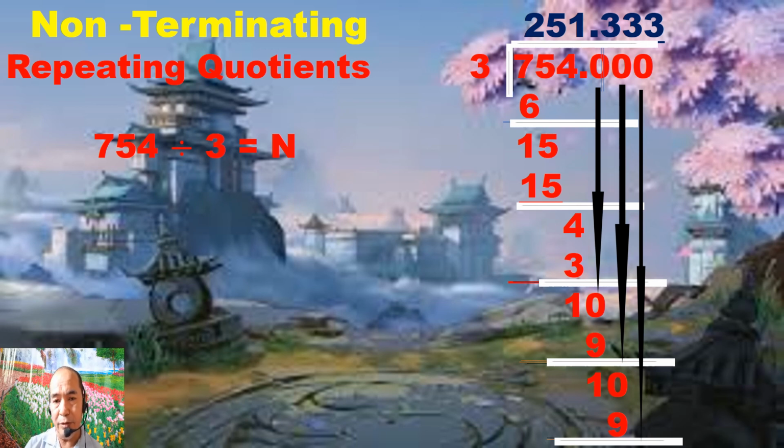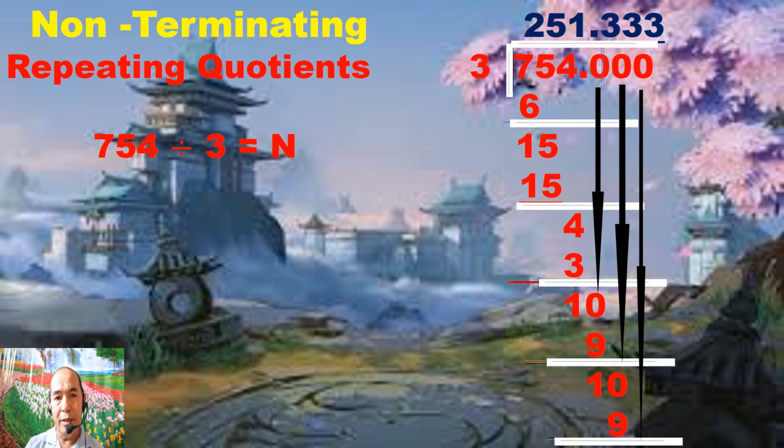So if we will continue dividing, we will have a repeated quotient, which is 3. And this is what we call a non-terminating quotient. Why non-terminating? Because we will never have an ending part. It will always be a continuous remainder of 1 and a continuous quotient of 3.